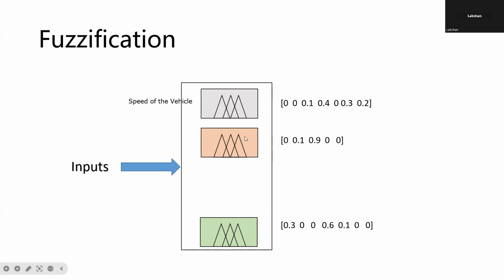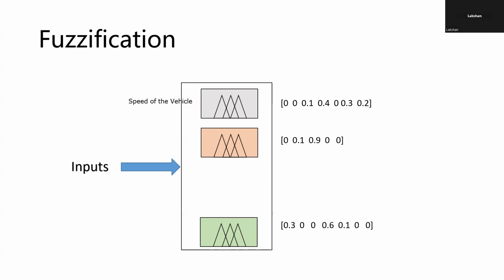Then there can be another parameter. What is the angle of the road? So how many degrees does the bend have? First, you can start from a straight road up to 20 degrees. You can say small bend.